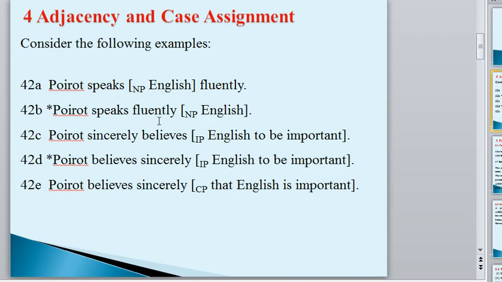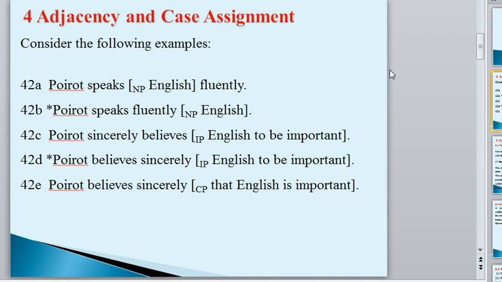So if there is another element like this adverb between the verb and the NP, the verb cannot assign case to the NP, and our sentence becomes ungrammatical, as you see here in these examples. So it is a condition in the case assignment system.